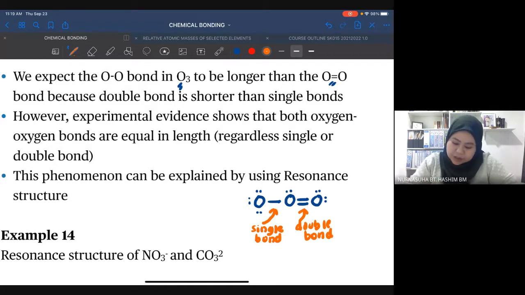Kenapa sama? Sebab actually this double bond dia boleh bergerak pergi ke sebelah kiri. Okay, so that's why sebelah kiri tu dia akan bertukar tempat. Okay, single bond pergi ke kanan. So this situation membuatkan bond length tu sama.